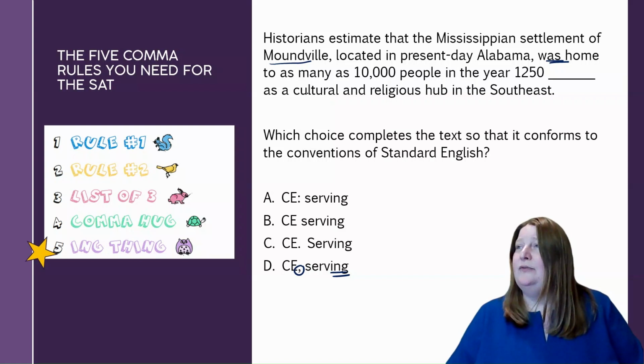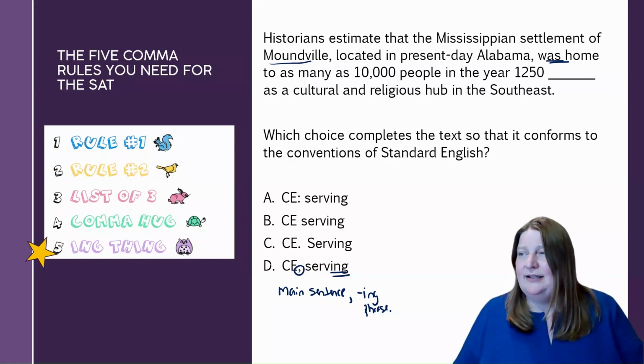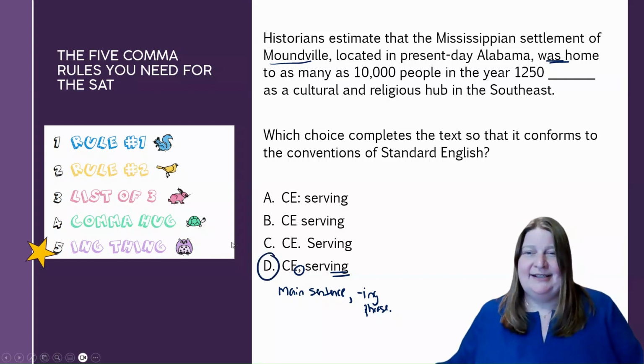Oh, good. I do not see a verb. I see "serving as a," there's no verb here. So I have a main sentence, a comma, and then an ing phrase. That's exactly what the ing thing is all about, and D is the correct answer here.